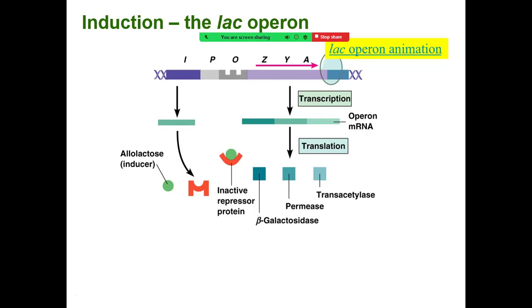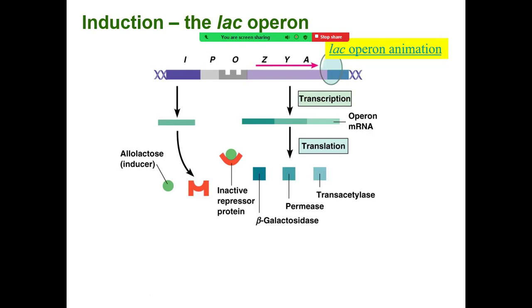What happens is that the repressor protein will bind to the operator, but that binding is not permanent. It's a stochastic reaction, and every once in a while, the repressor protein will fall off. If there's lots of allolactose around, it will bind to that repressor protein that falls off.